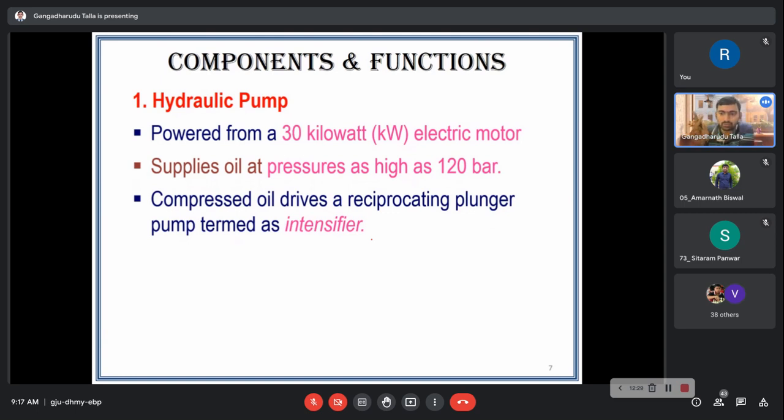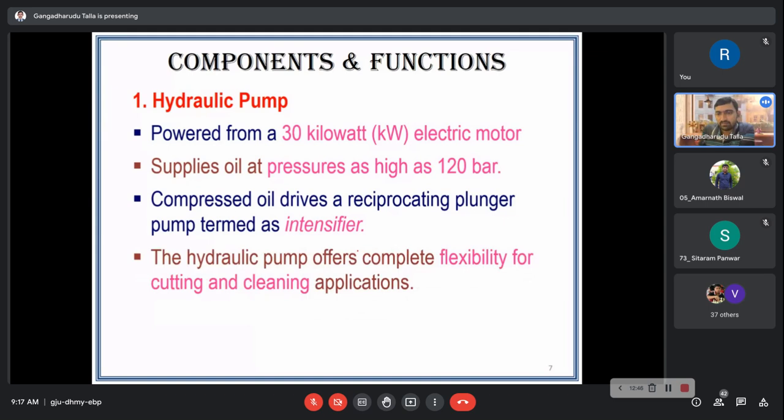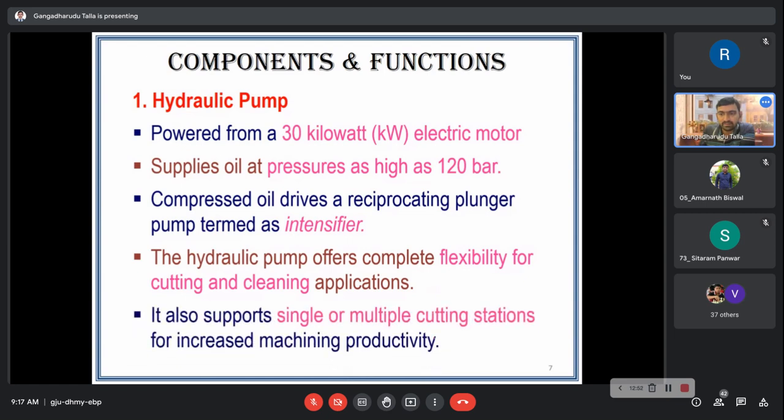There are two aspects here: one pump takes the water and supplies it to the intensifier, and another is the intensifier itself, which is run by the oil that is supplied. So the hydraulic pump offers complete flexibility for cutting and cleaning applications. These things we have seen. If you have any particular doubt, you can ask me. Otherwise, we'll skip this.